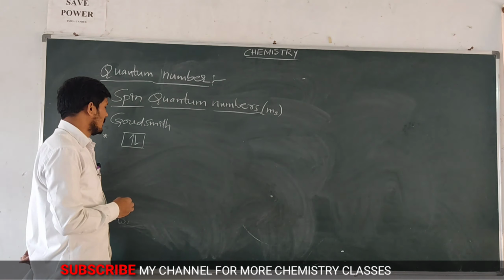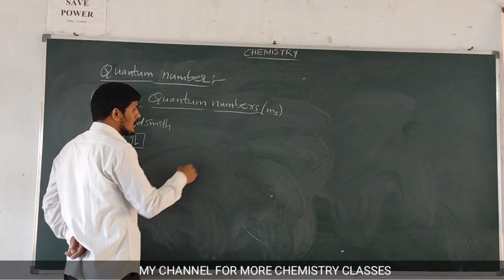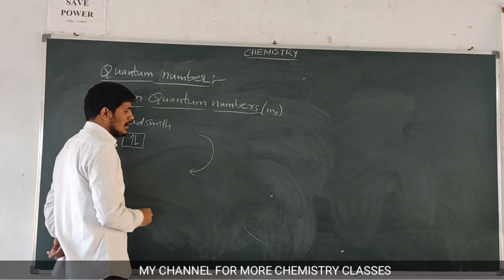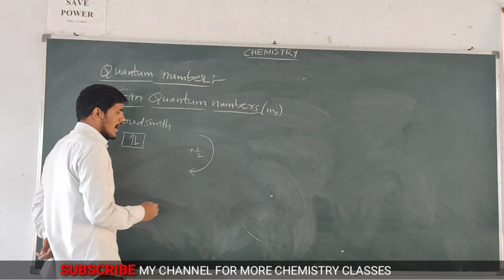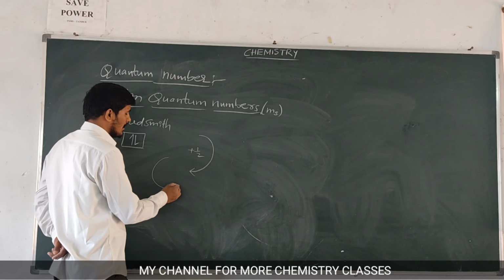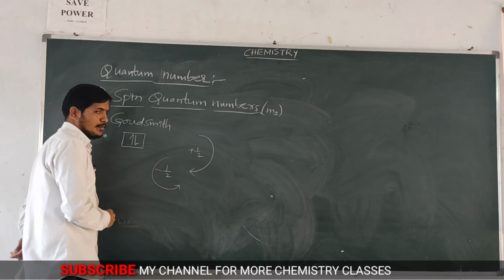When an electron is revolving around the nucleus in a clockwise direction, its value is taken as positive. When it revolves in an anti-clockwise direction, its value is taken as negative.